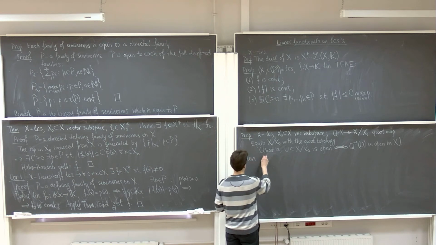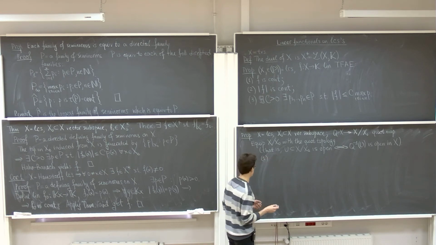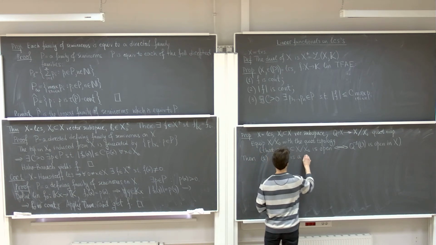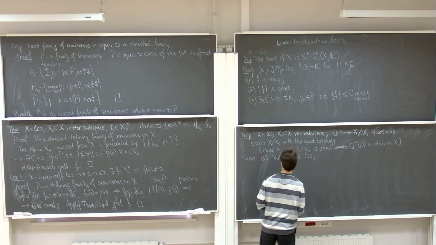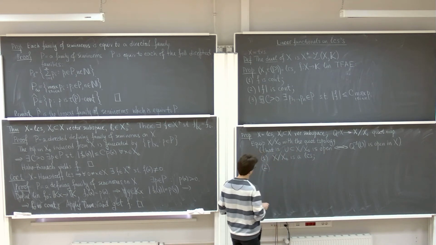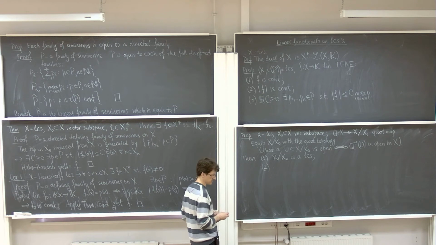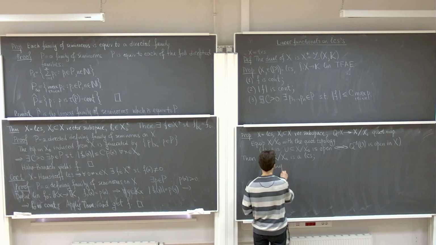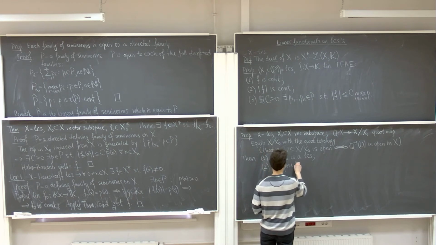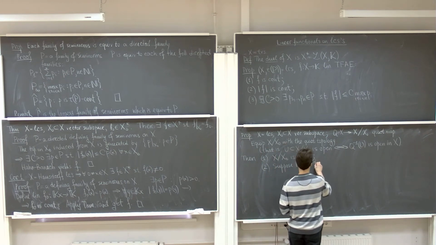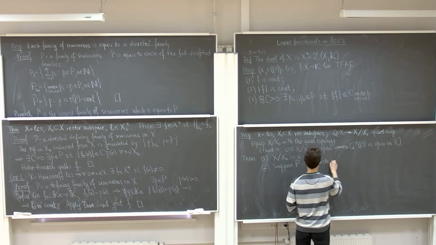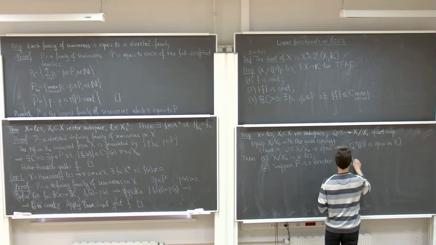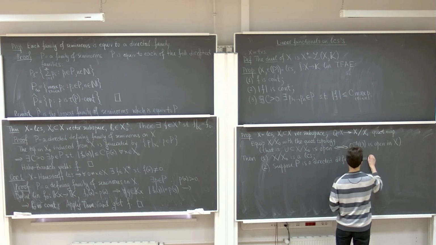I claim, first of all, that it's a locally convex space. Also, we can easily construct a family of seminorms which generates the topology on the quotient. So suppose that P is a directed defining family of seminorms on X.